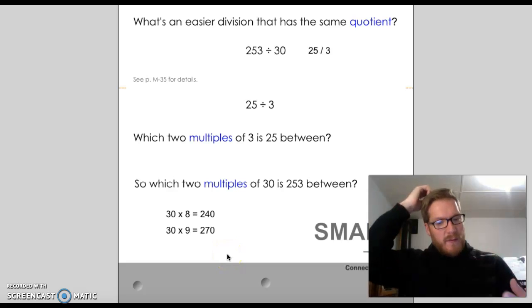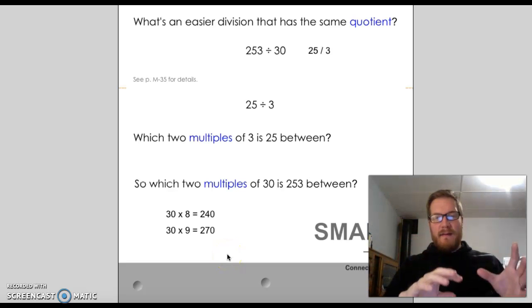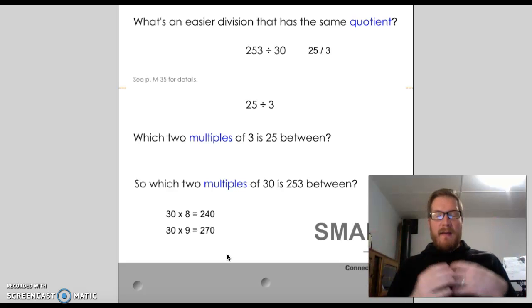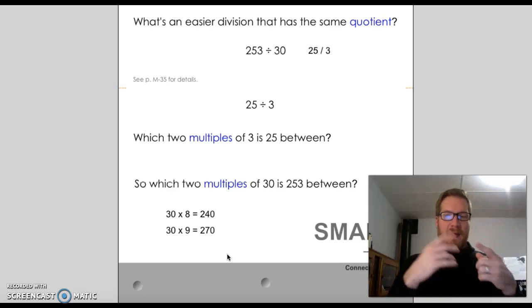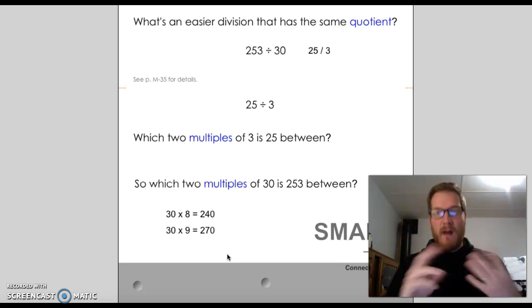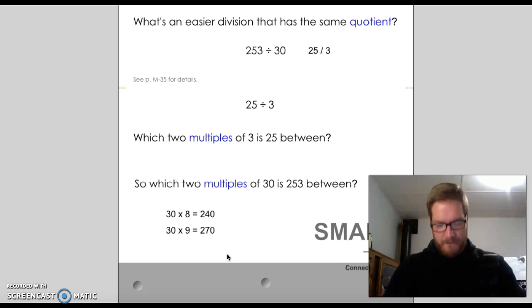So what I'm trying to do is use these estimation strategies to figure out, if I see the long division question of 30 into 253, because I can think of a simpler question like 25 divided by 3, I can start thinking about what the first number I write down on the standard algorithm or the long division question is going to look like, and I can start using that to start solving the question.